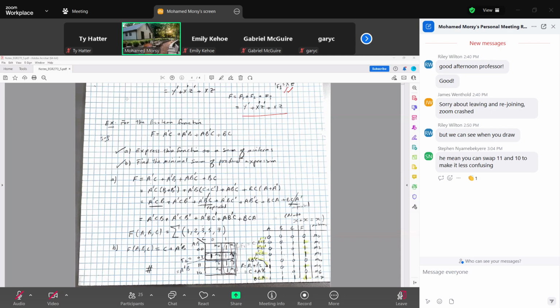Now, we have this example here. This is a comprehensive example for this part. We are given this Boolean function, and we need to express this function as a sum of minterms, and then find the minimal sum of product expression. It means maximum simplification.